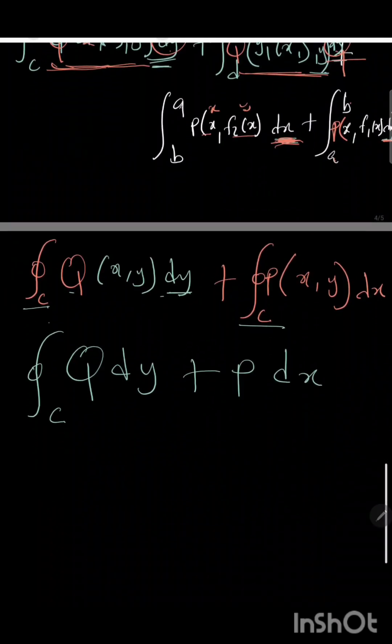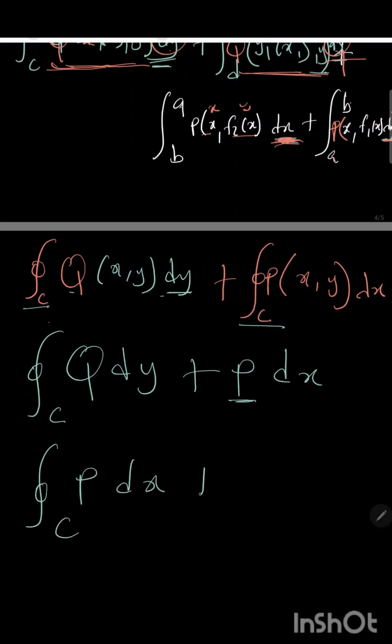Now if you want, you know that addition is commutative, meaning you can write this as the integral of a closed curve of C. You start with p, which is p dx plus q dy. So I've just swapped them because we know that addition is commutative. So this is what we've obtained.